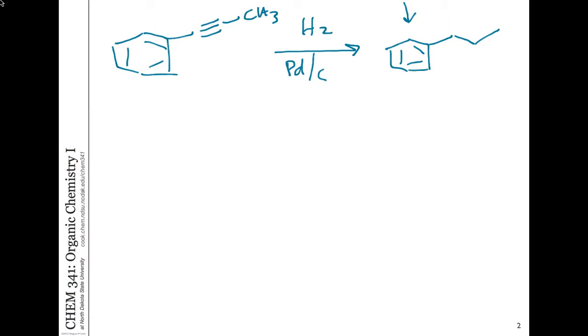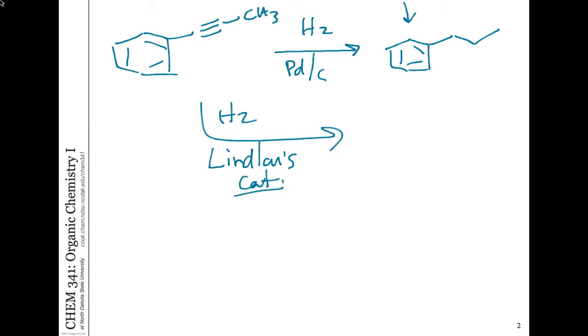Okay, we can reduce partially, right? Lindlar's catalyst, yes. And really, that's all I need you to recognize. If I write hydrogen gas and Lindlar's catalyst, that's that special poisoned version of palladium catalyst with some other additives in it. That lowers the reactivity, so it only does the first step.